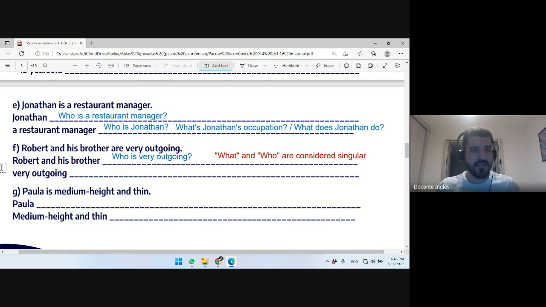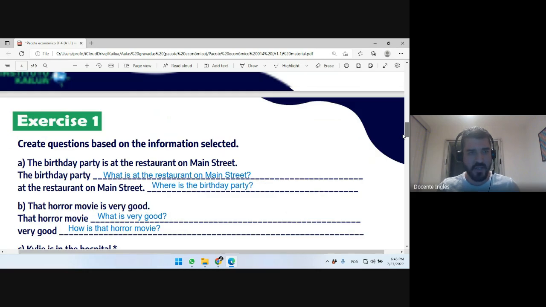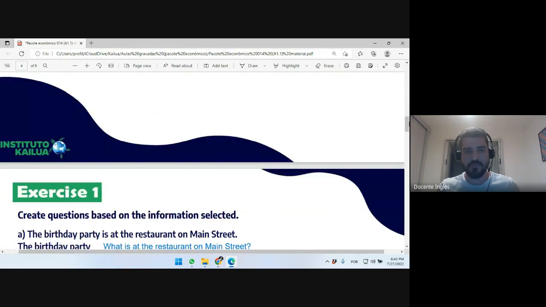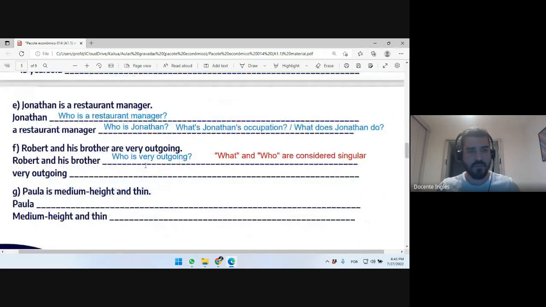The next one is very outgoing. Very outgoing is the personality. And for personality, we saw a special case here. For personality, what, verb to be, like. And in the middle, we put the people. So here we have what, Robert and his brother, two people. So here it's plural.